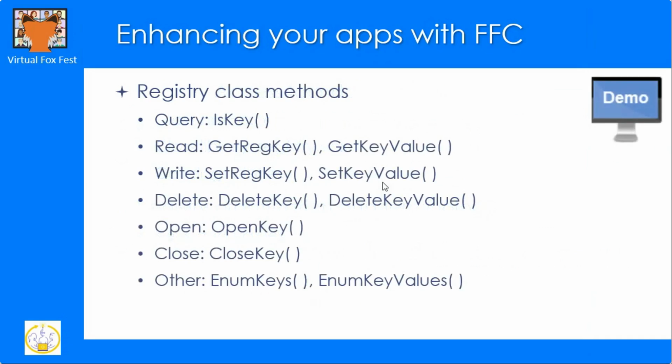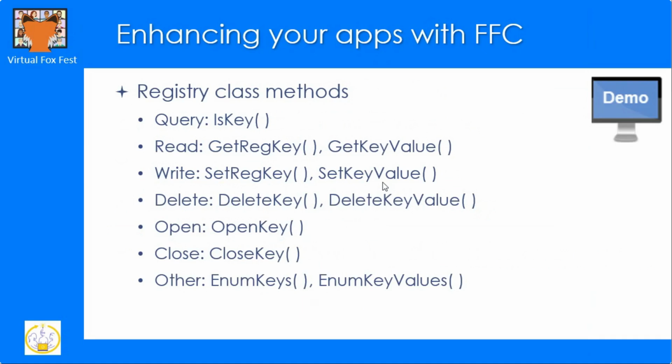The registry class methods that we'll be using allow us to query the registry. Is there a key? Yes or no? We can read and write. There are a couple different ways to do that. One of them is kind of a macro approach. The other one is more of a do-it-yourself approach. So we'll see examples. You can delete keys or you can delete values.